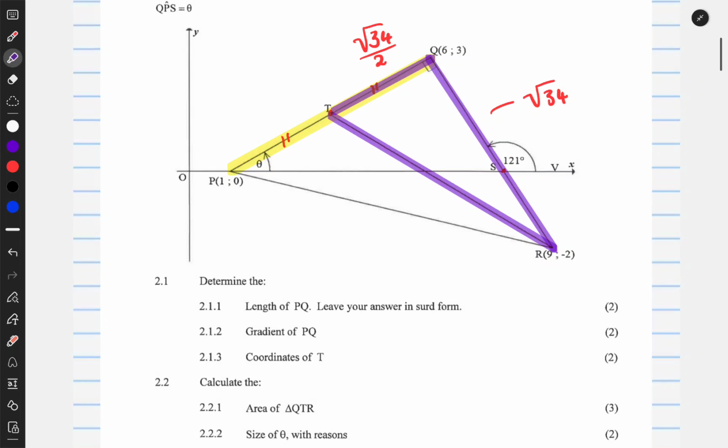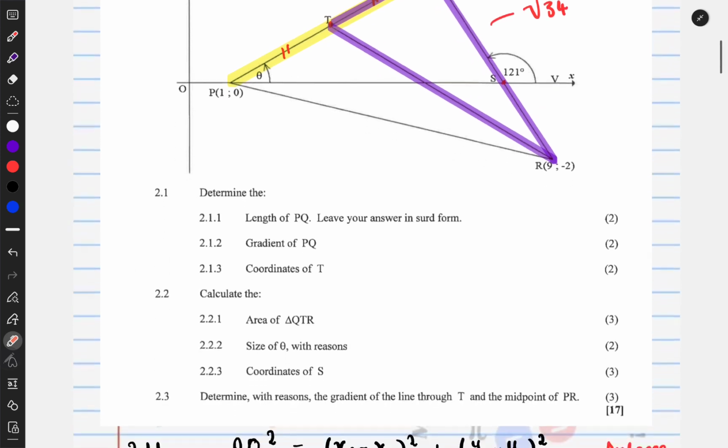And also I'm looking here, we are given that angle 121 degrees, which is the external angle of a triangle. So remember that an external angle of a triangle is equal to the sum of interior opposite angles, that angle theta and this angle. The sum of the angle theta, the interior opposite angles, and the angle Q here is equal to 121 degrees, and we know that angle Q is 90 degrees, so we can just use that.